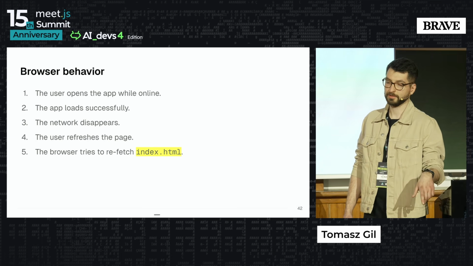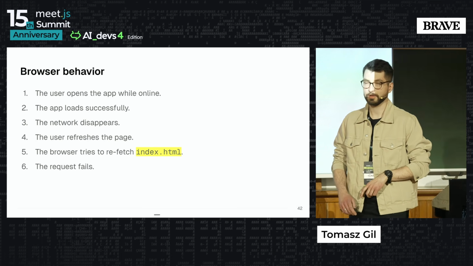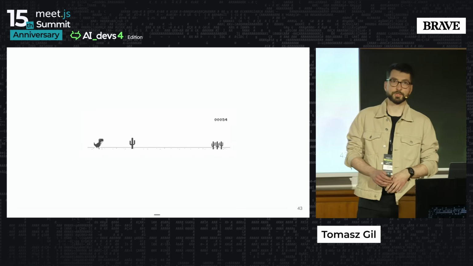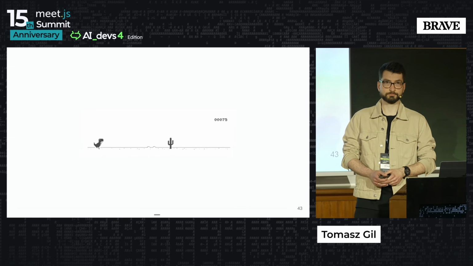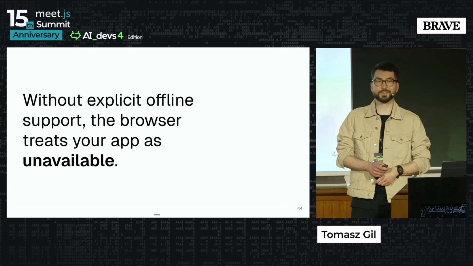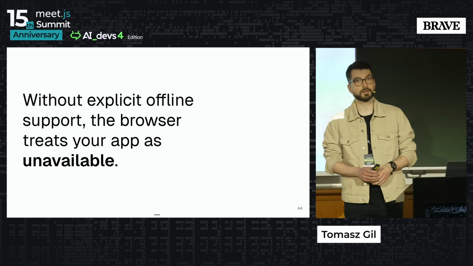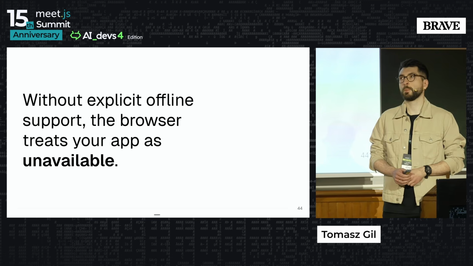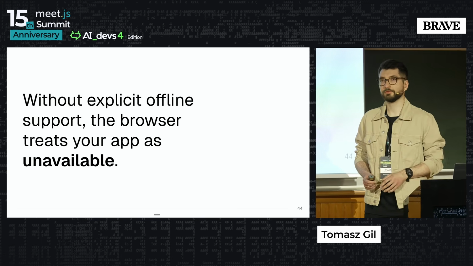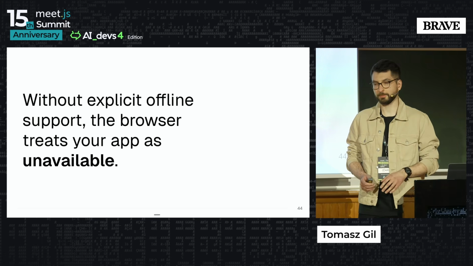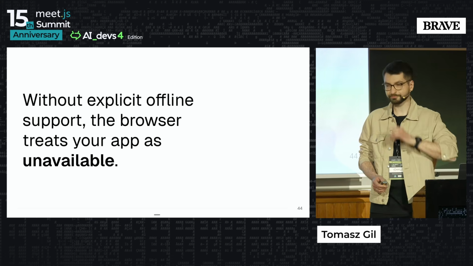That request then inevitably fails. And this is as much as you can do at that point. Without explicit offline support, the browser treats your app as unavailable. And importantly, that will happen even if your static assets are using HTTP caching. It doesn't matter at this point.